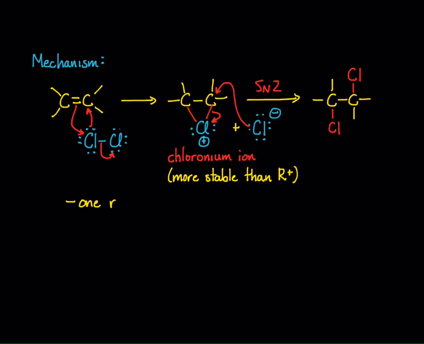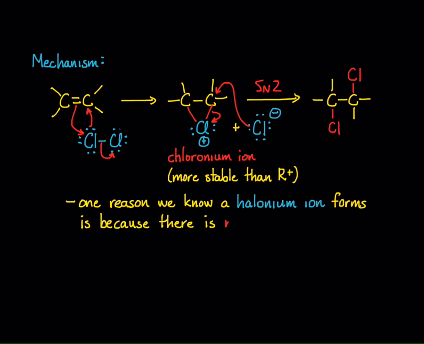Well, guess what? One of the reasons we know the halonium ion forms is because there is no rearrangement. So these are clues that we have to think about the mechanism. This is one of the clues, and we're going to see another reason for thinking about the mechanism as a chloronium ion in just a little bit.